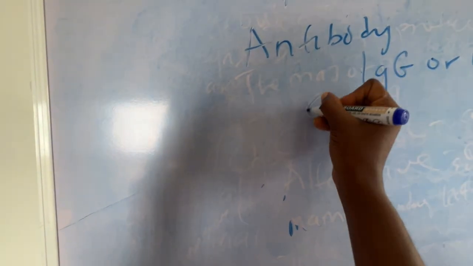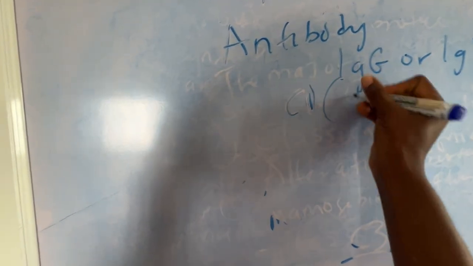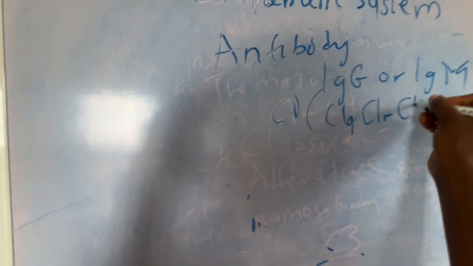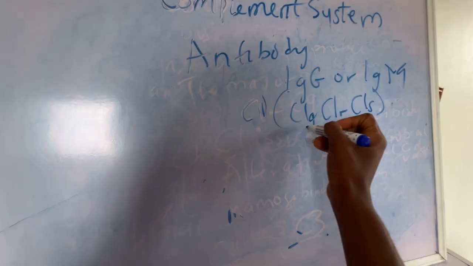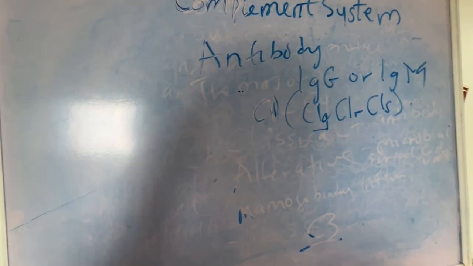When this binds, C1 becomes activated. Now, this C1 has three parts: C1q, C1r, and C1s. Once C1 becomes activated, C1q goes and binds to the Fc region of the antibody.